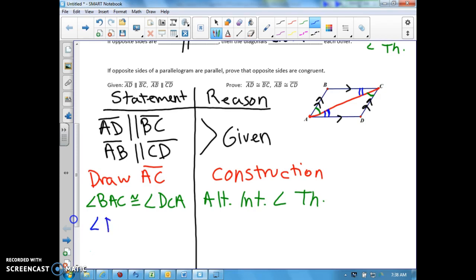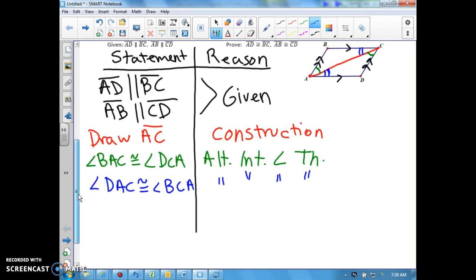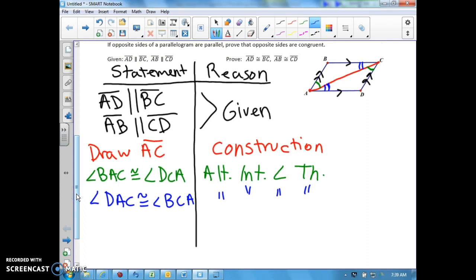And I could say that these two angles are congruent for the same reason. Angle DAC must be congruent to angle BCA by the same reason. Well, so that's given me two angles that are congruent in these two triangles. Remember, if I'm trying to prove two triangles to be congruent, which is my end goal, then I need another piece of information.